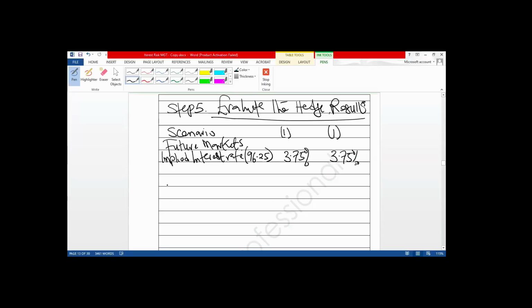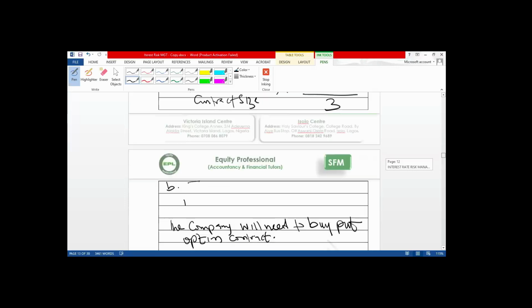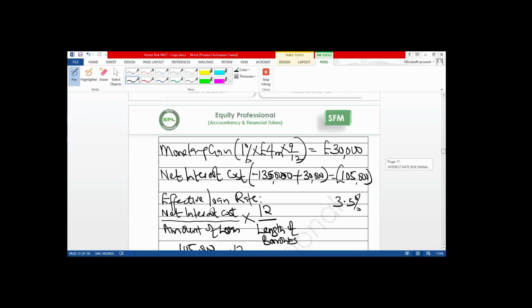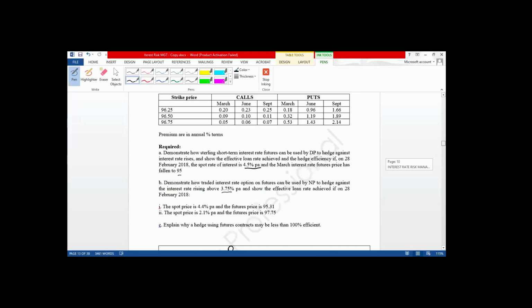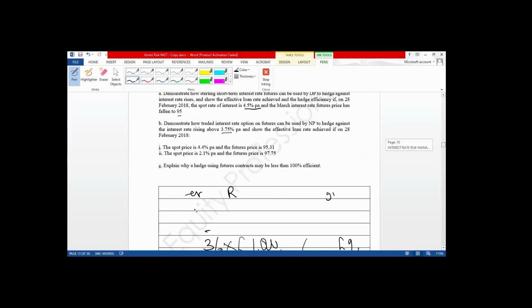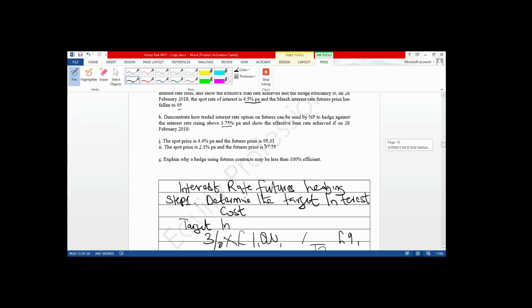Now, scenario 1 says, at the futures market, the futures price is 95.31 or 97.75.